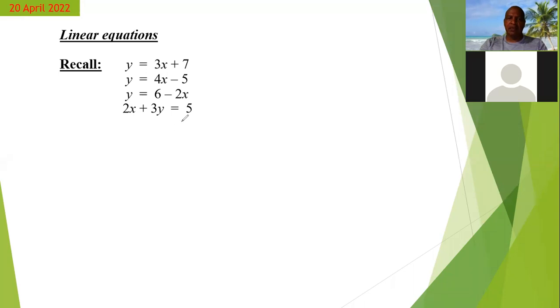So I'm going to rearrange the last one so that it looks like the others, keeping the y on the left-hand side.